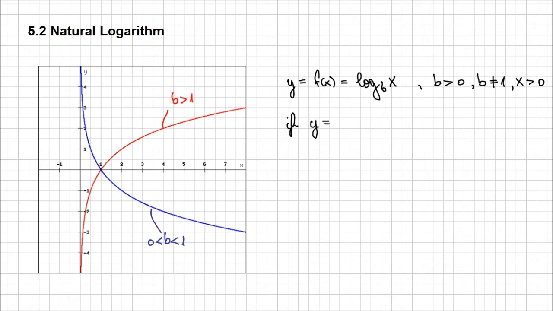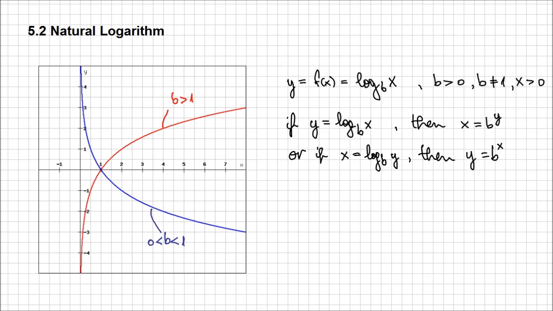If y equals logarithm in base b of x, then x is going to be equal to b at power y. You may encounter it, depending on whichever is your independent variable, written in the following form as well. So if x equals log in base b of y, then y is equal to b at power x.